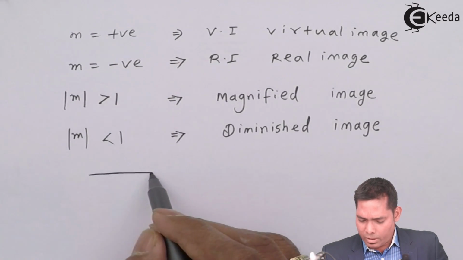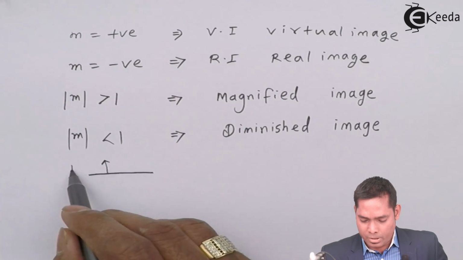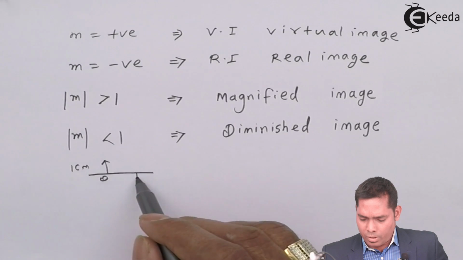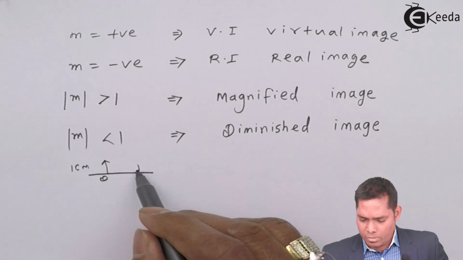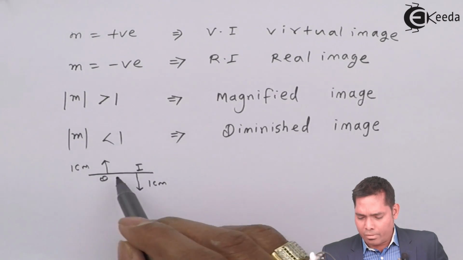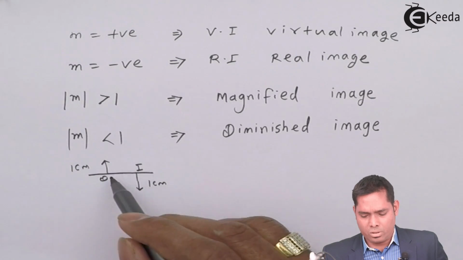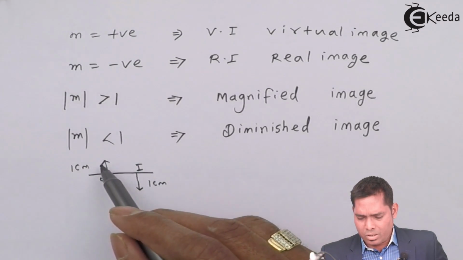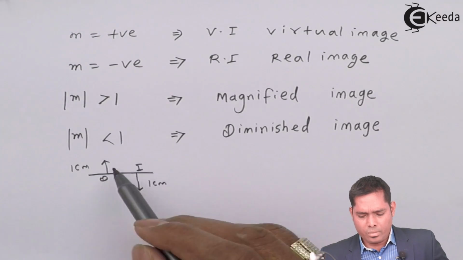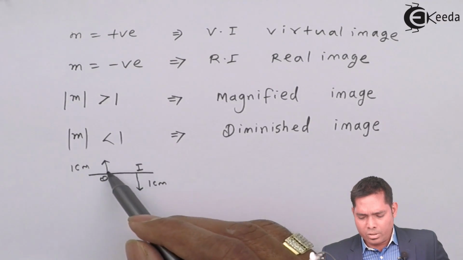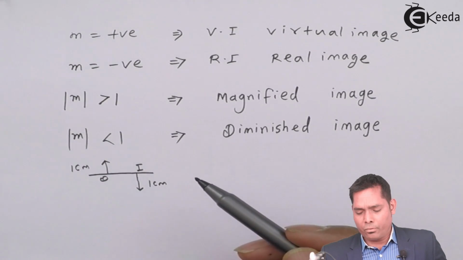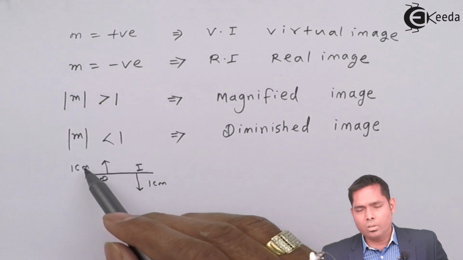Suppose I have an object which is 1 centimeter. If the image is found to be 1 centimeter, then I will say there is no magnification, because the size is the same, so magnification is 1 times the object size.